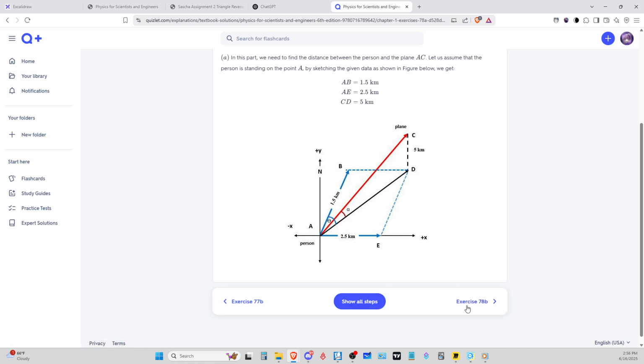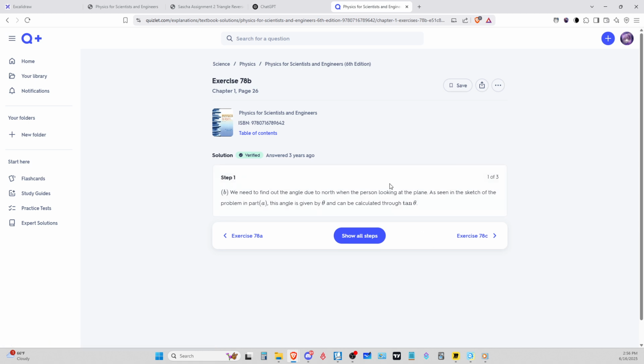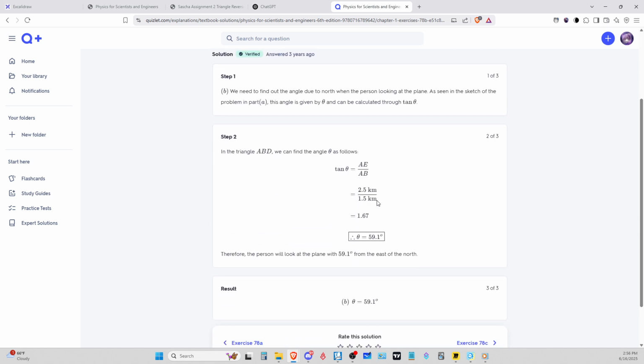Because right here in this problem, we need to find the angle due north when a person is looking at the plane as seen in the sketch from the problem. And according to this, they have this type of setup.